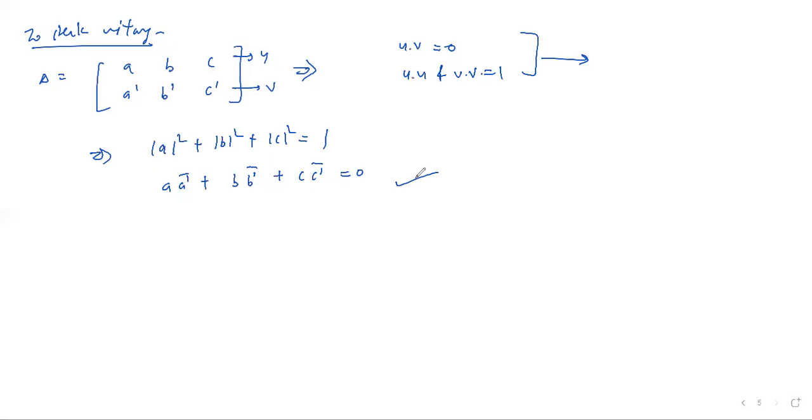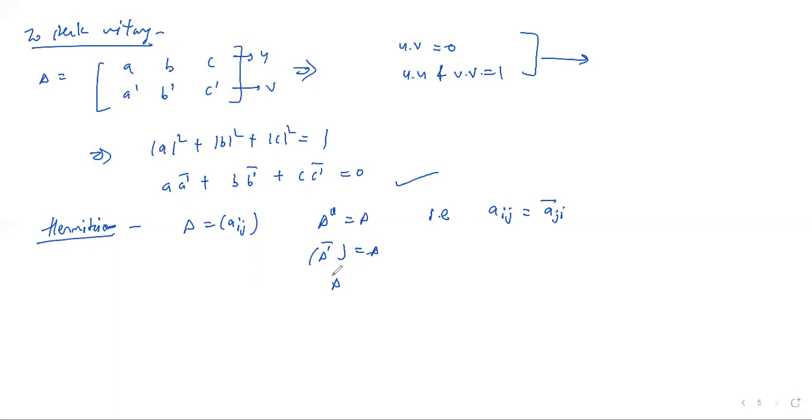Okay, so let's just see now Hermitian and skew Hermitian matrices. A Hermitian matrix is defined as follows: when I have a matrix Aij, it is said to be Hermitian if A theta is equal to A. Okay, that is, we mean to say that Aij is equal to the conjugate of Aji. Okay, and from here we can expand it: A transpose conjugate is equal to A, and A conjugate equals A transpose. Okay, that's what we have got, that A's conjugate is A's transpose in the Hermitian case.